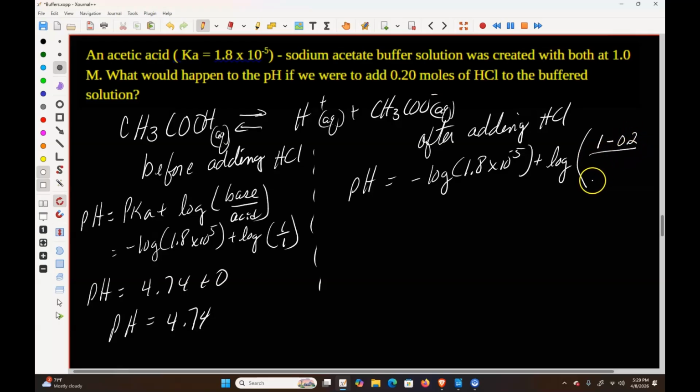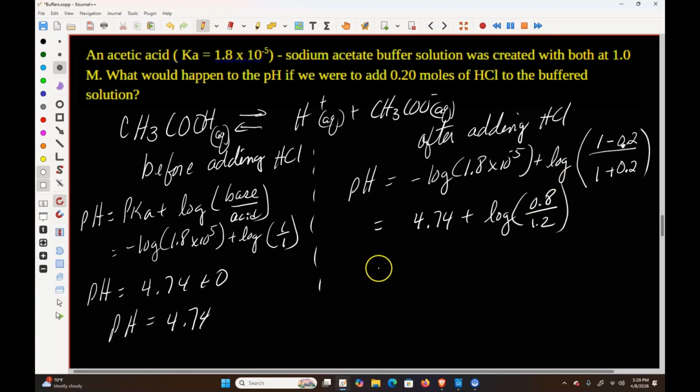The amount of acid will increase by the amount of strong acid that I'm adding. So I'm going to add to the acid part. So this is 4.74 plus a log of 0.8 over 1.2. So this gives me a pH of 4.56.